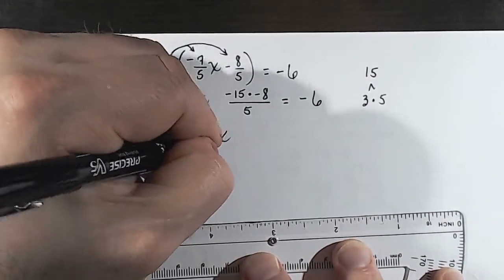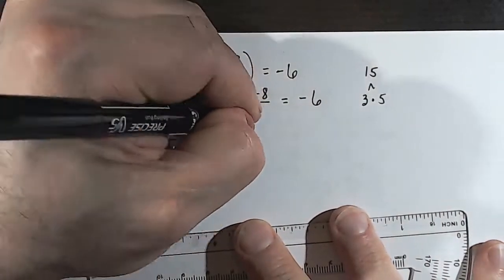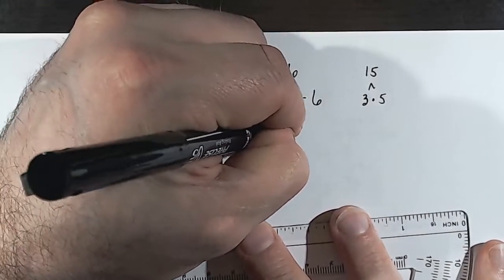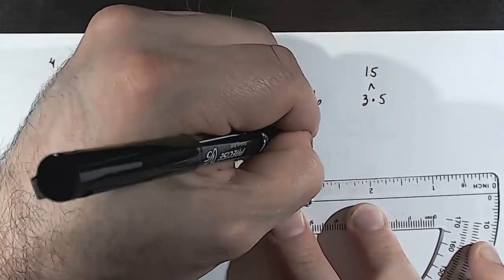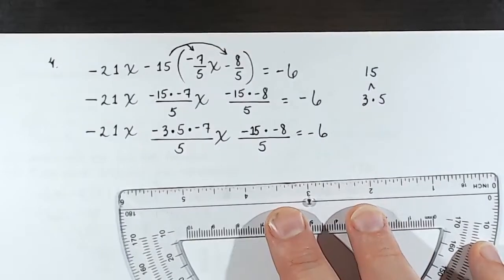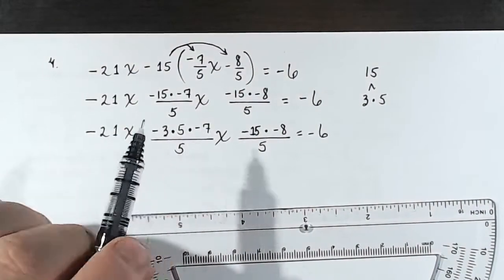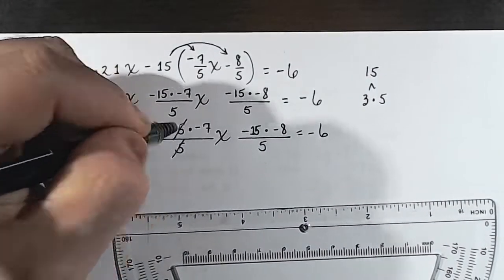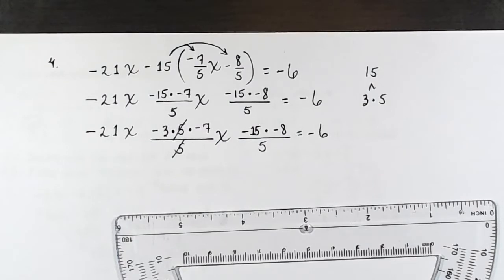Then x. Just focus on that part right there. You can bring down the rest of this: minus 15 times negative 8 over 5, set all that equal to negative 6. The benefit of writing it out like this as the product of the factors is that I can cancel these 5s. And it dramatically simplifies the situation.